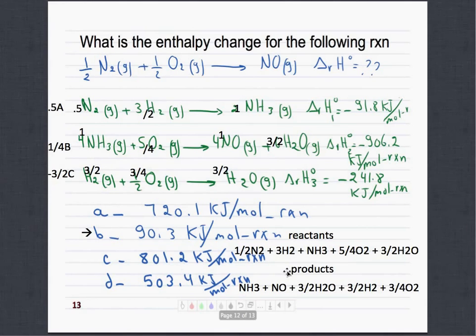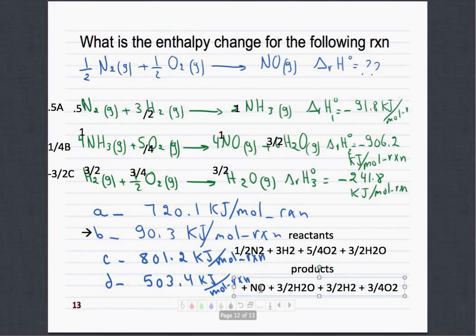So multiply reaction B by 1 over 4. So I'm going to end up with ammonia gas plus 5 over 4 oxygen giving NO plus 6 over 4 water, and the number in here 906.2 over 4.